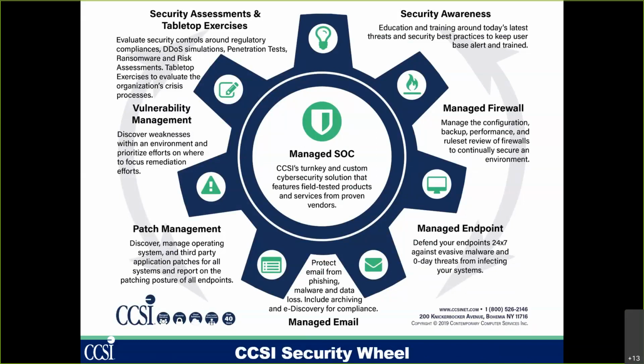Vulnerability management, patching, managed email, that is all identification from a vulnerability management perspective, and it also touches on the detect part of it. Patch management and managed email, this is more protect as well as managed endpoint. And then we have the security awareness, and firewall as well, is the exact same thing with the protect and detect. But we have the security awareness, which brings us with the tabletops, but also doing continuous management.